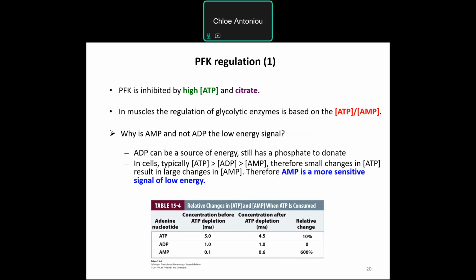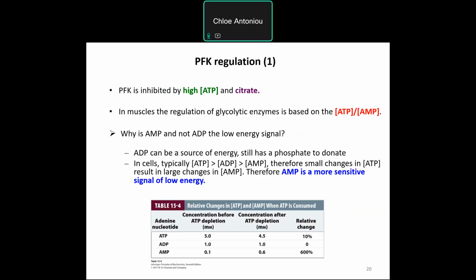Okay, so PFK is inhibited by high ATP, is what people usually say. But in reality, it's the ATP to AMP ratio. And it's also inhibited by high citrate. We haven't seen citrate before, but perhaps some of you know that the Krebs cycle is also called the citric acid cycle. That's because citrate is in the Krebs cycle.